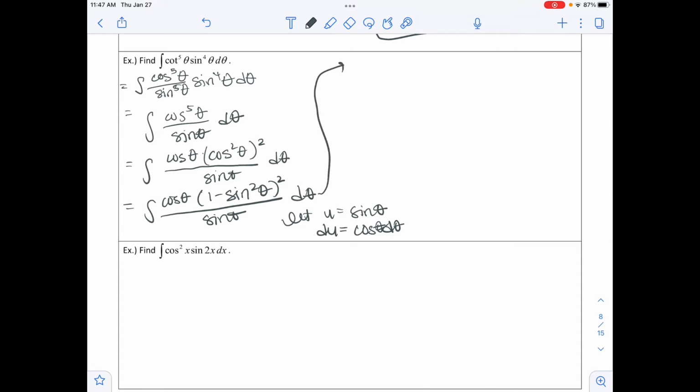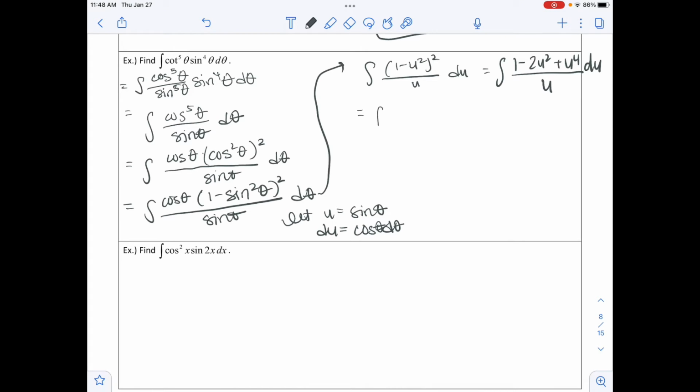So from here I can rewrite this integral as the integral of 1 minus u squared squared all over u, and then du, which you can multiply out the numerator and you end up with 1 minus 2u squared plus u to the fourth all over u du.